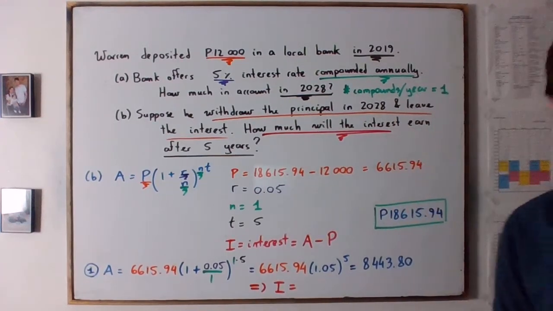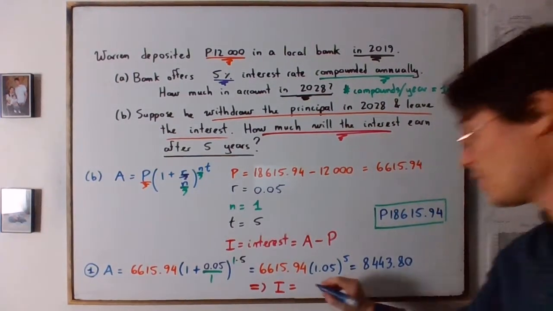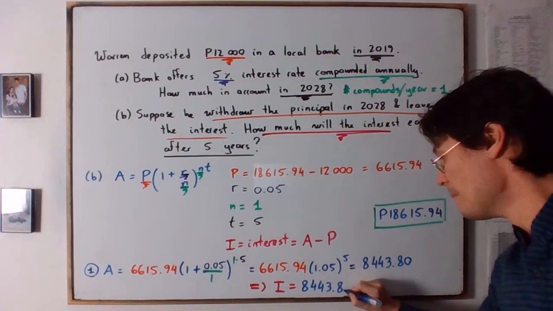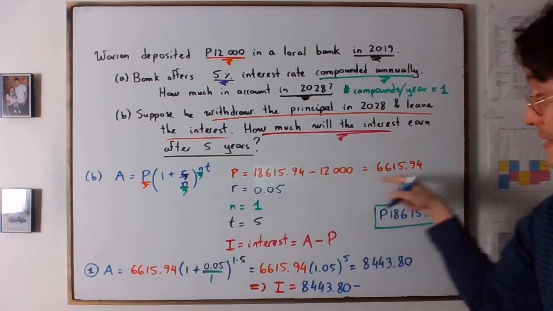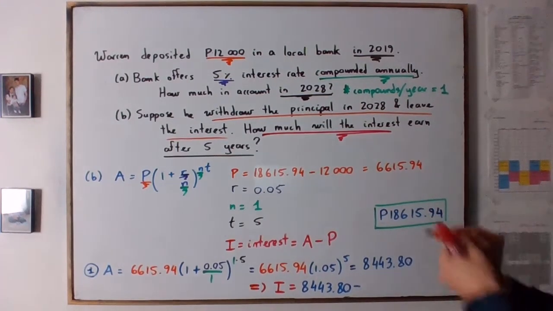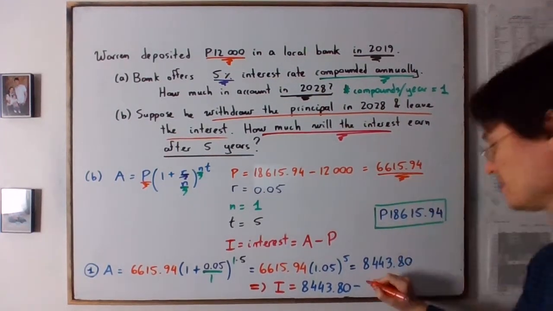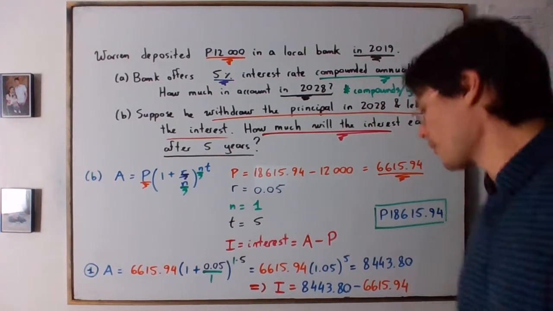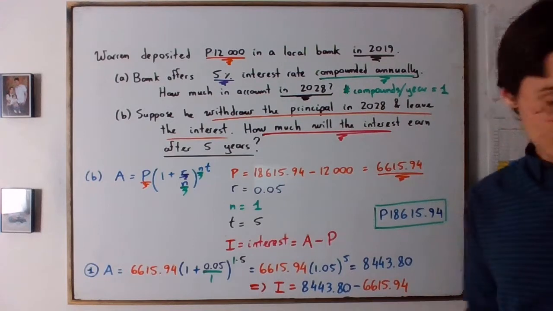Which means that the interest, the variable I that we're talking about, is going to be this amount minus the original principal that's here. So 6615.94. And then you do the subtraction again.